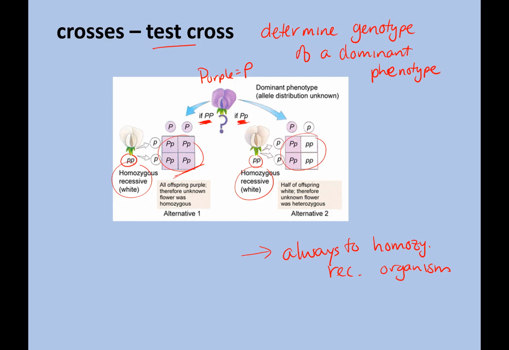But if, due to the law of segregation, the dominant phenotype is due to a heterozygous genotype, then you're going to get 50-50 dominant and recessive. Take some time and look at this because you will have problems that will ask you to do a test cross, or that say, how would you determine the genotype of a dominant phenotype? You always do a test cross.